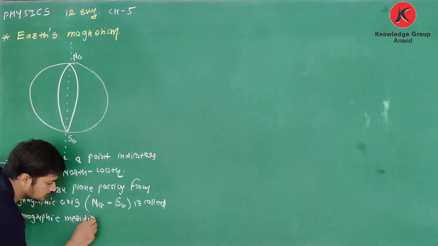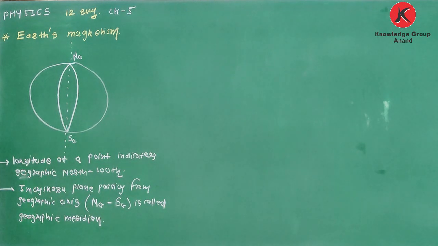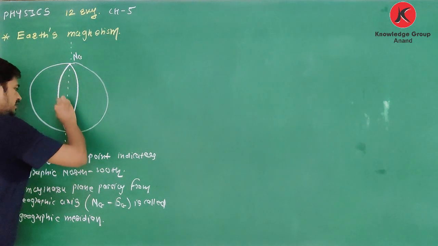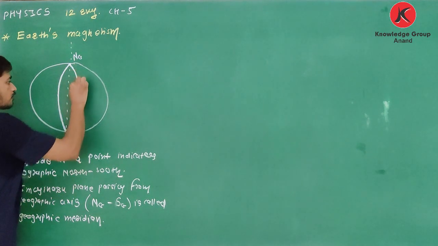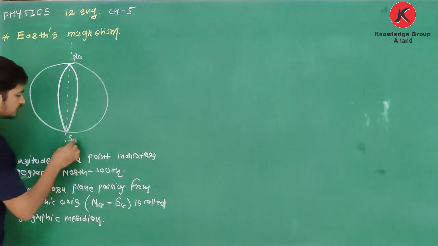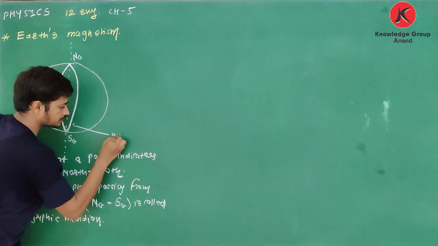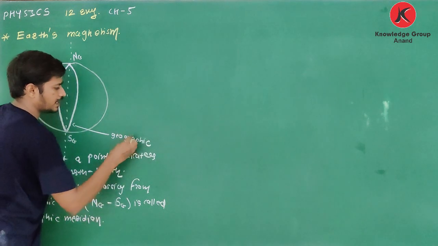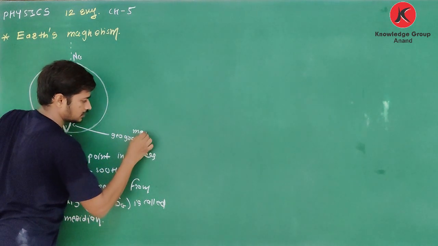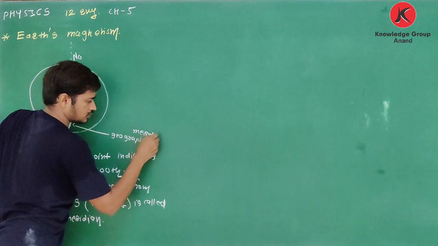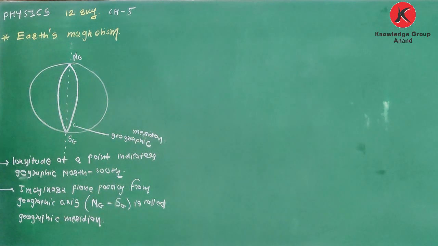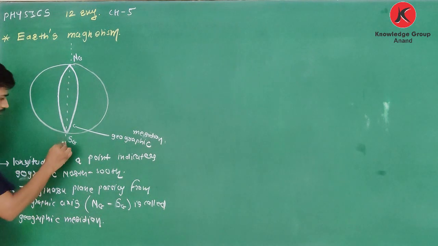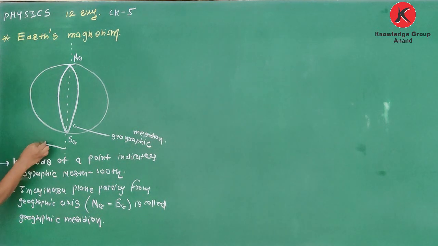Meridian means one type of plane. So yes, it is the geographic meridian. Clear about this? Now we know that it is called the axis of rotation.